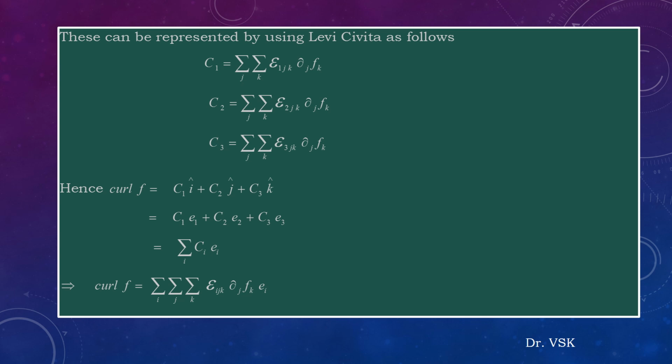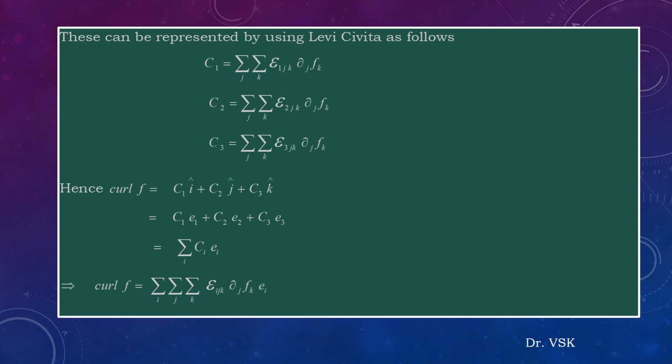In general, the ith component of curl F, C sub i equals summation sigma over j, summation sigma over k, epsilon sub ijk dou j fk. If we replace this here in the place of Ci, we get back the representation of the curl F.